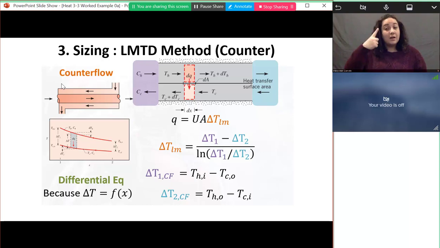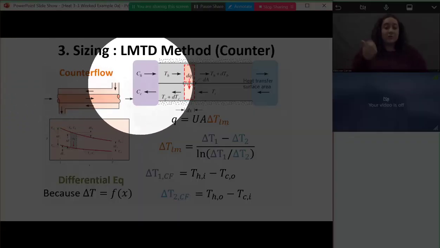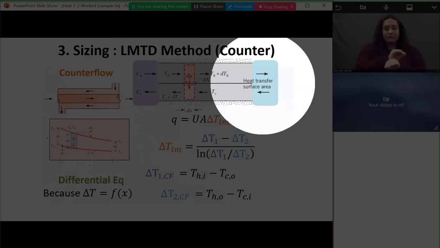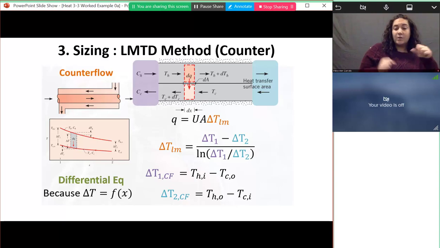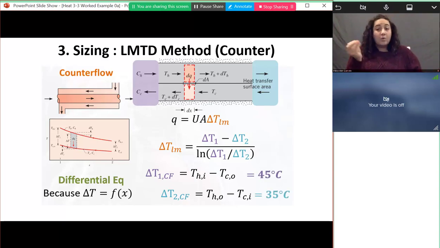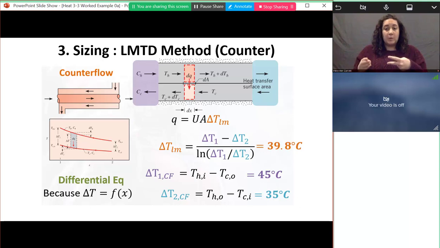So in the counterflow heat exchanger, the hot inlet touches the cold outlet, and the hot outlet touches the cold inlet. So these temperature differences are different. So here, my delta T1 is 45 degrees Celsius, and my delta T2 is 35 degrees Celsius. So these two numbers are closer together.